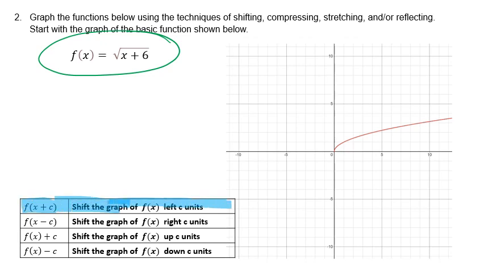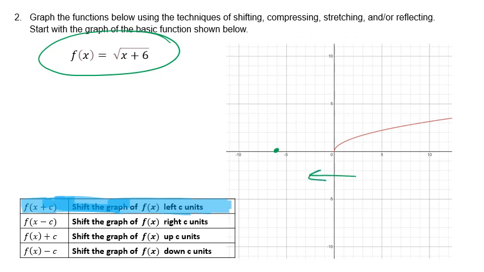You have a plus 6 inside of the square root function. So a plus on the inside means you move in the negative direction. So we're going to move 6 units to the left.